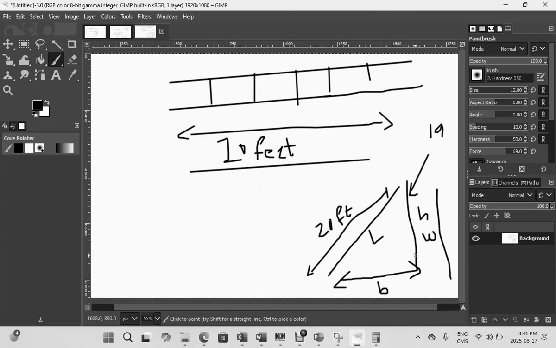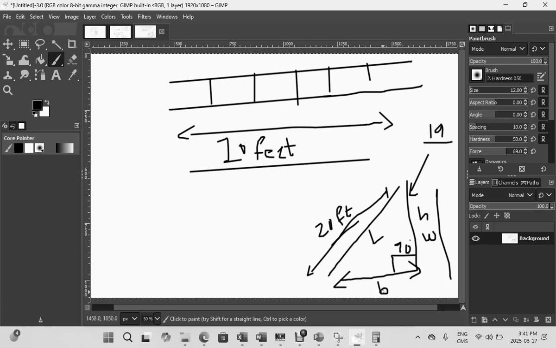Now we can see that this is a right angle triangle, which means that this is 90 degrees. And for right angle triangles, you can use the Pythagorean theorem to figure out the unknown side, given two sides. So side 1 or L is 20 feet, side 2 or H, the height, is 19 feet.